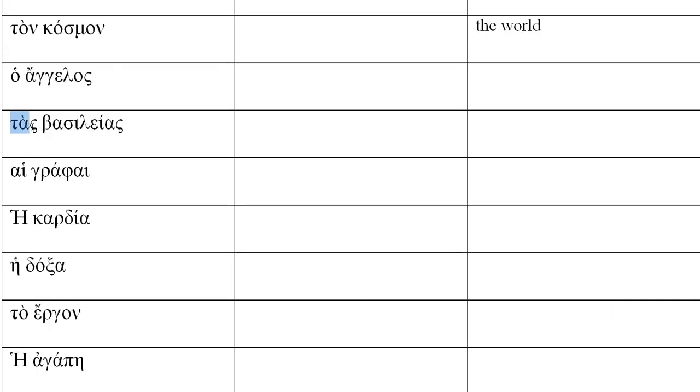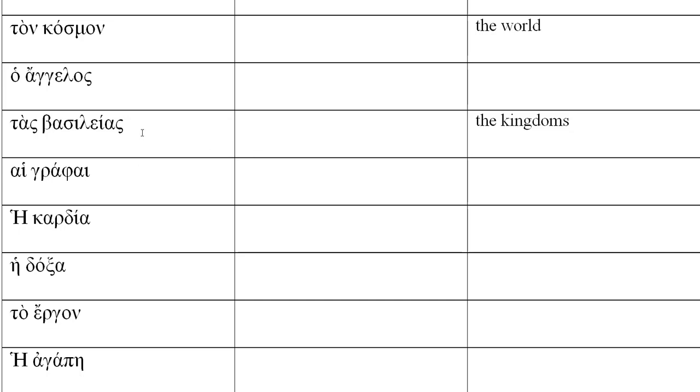So tas is our definite article, and if we look at our definite article chart, we would find that that is accusative feminine plural. We would have the, and then basileia in its base meaning is kingdom, but here we have plural, so we have kingdoms.